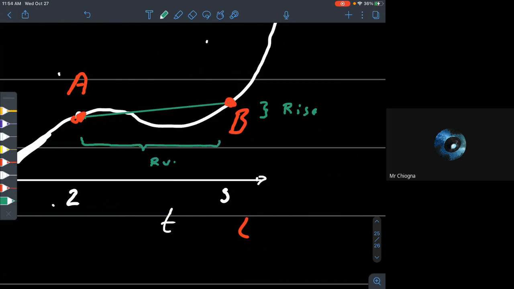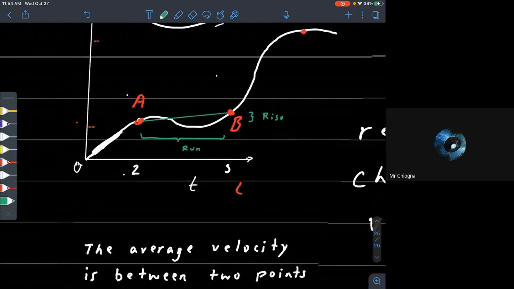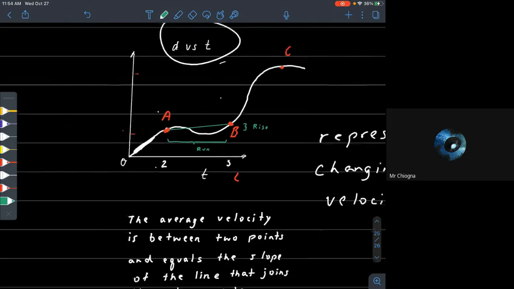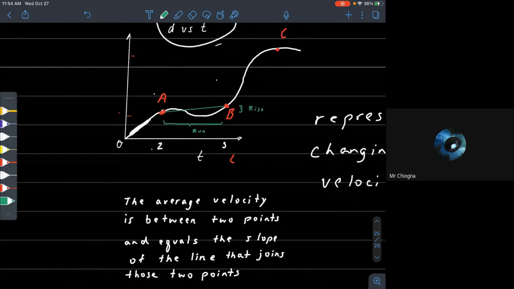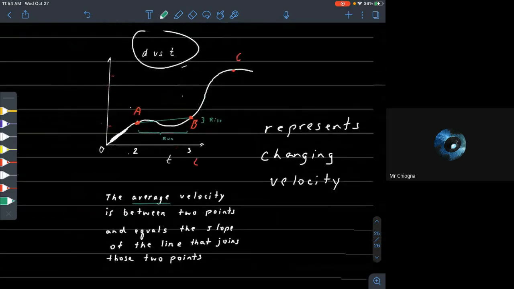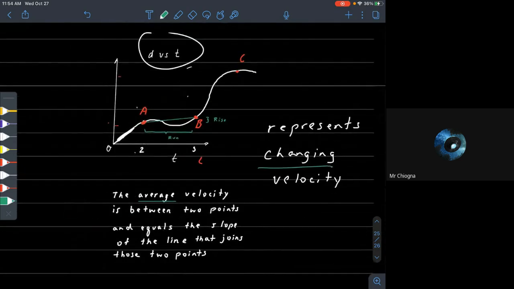Same as you do for a straight line, except now you're connecting 2 points. So you can only speak of an average because it's not a constant anymore. It's a changing velocity. So you can speak of an average between the 2 points.